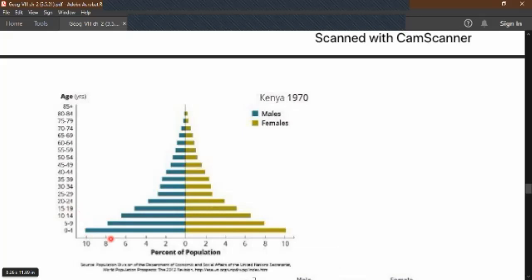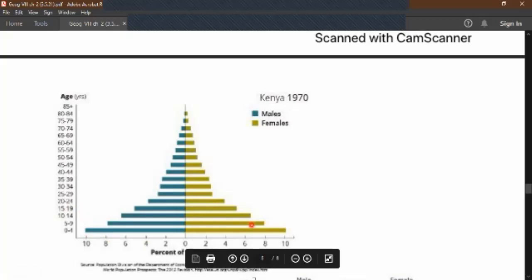The population pyramid of a country in which birth and death rates are both high is broad at the base and rapidly narrows towards the top.